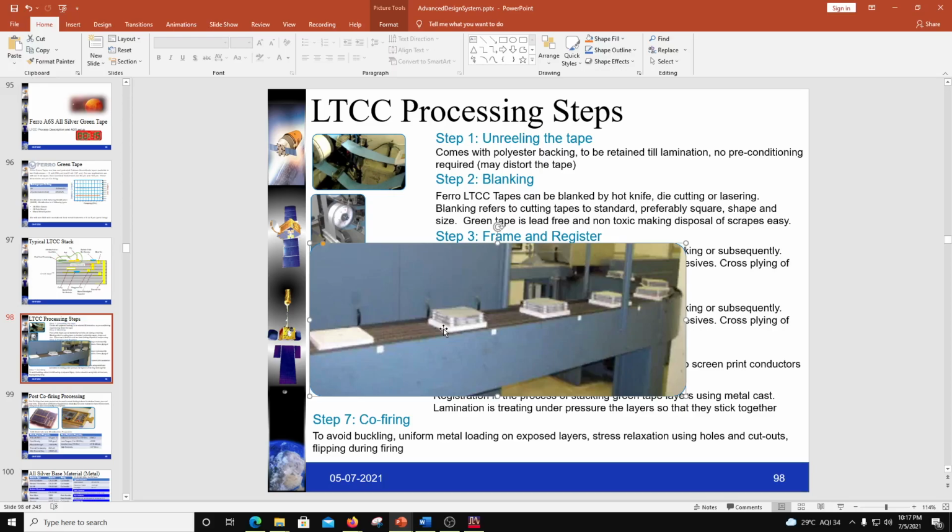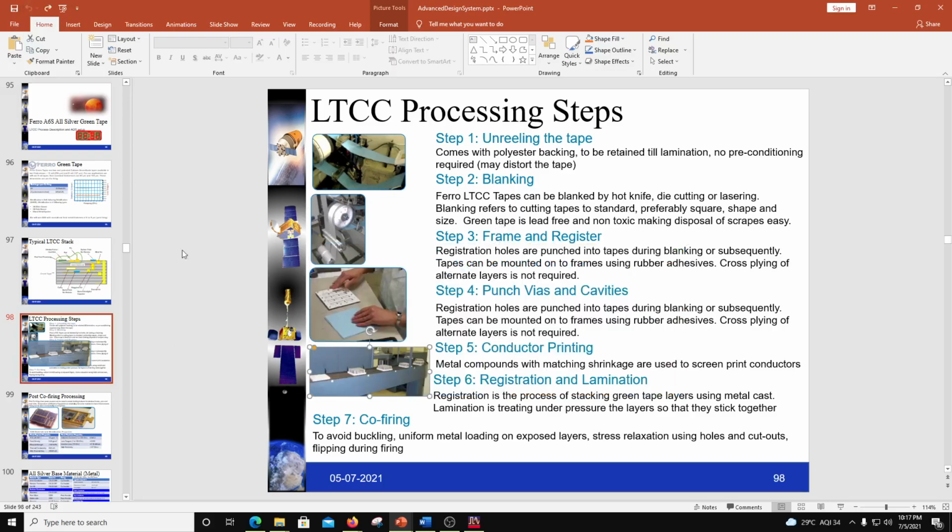Some processes don't need flipping, but some do. Second, when you do LTCC layouts on different layers, the density of metal structures should be uniform. If it is not uniform, put in fill metal areas so as to make the metal density uniform on different layers, so that when you cure it, it doesn't buckle. That's the caution you have to take.